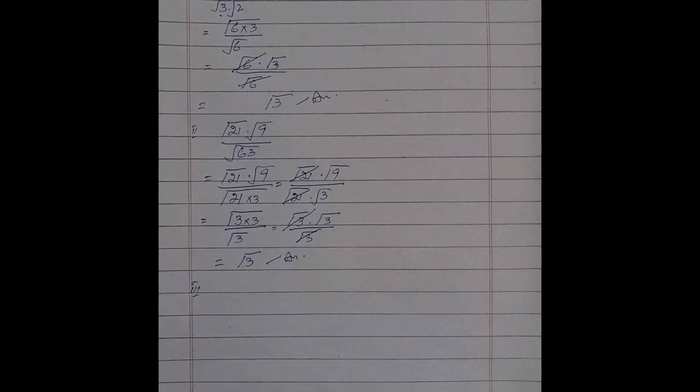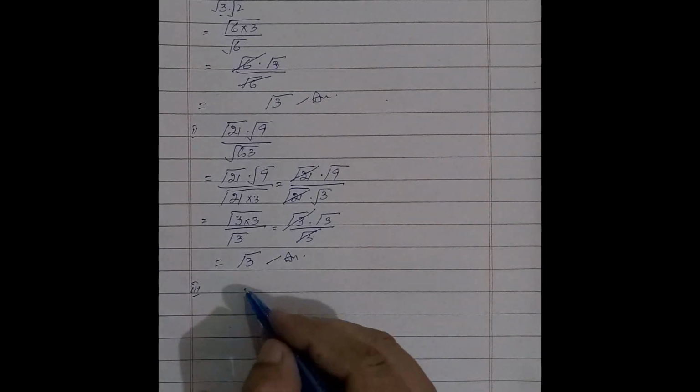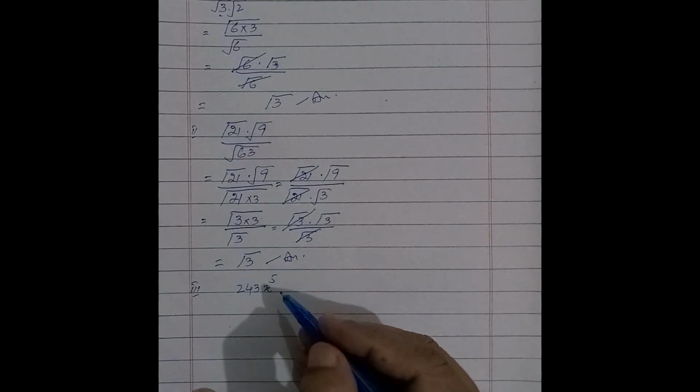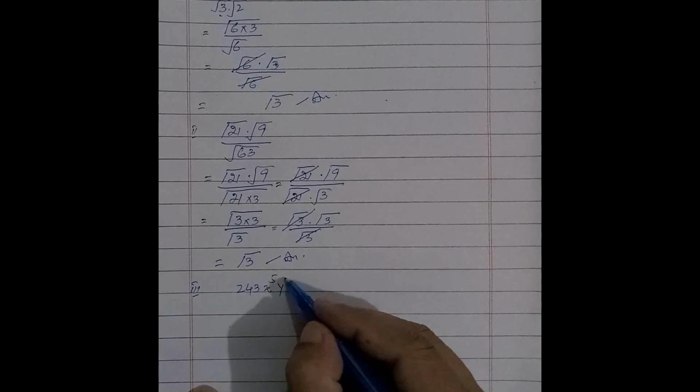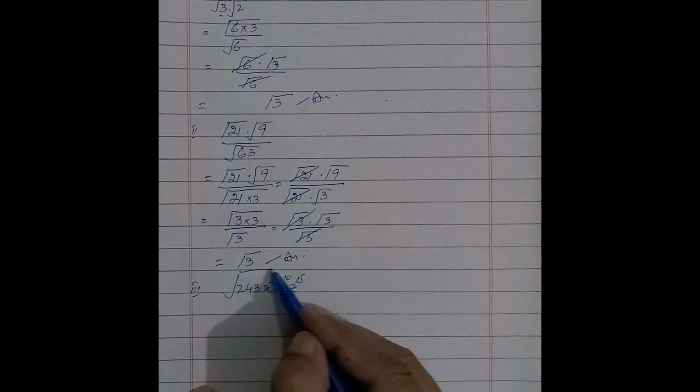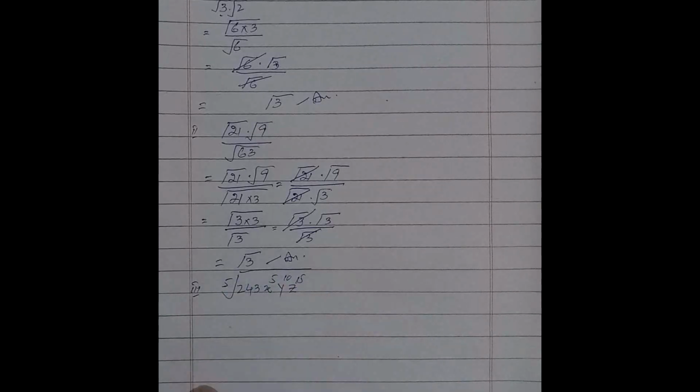And the third part is we have 243 x power 5 y power 10 z power 15, and this is the fifth root.